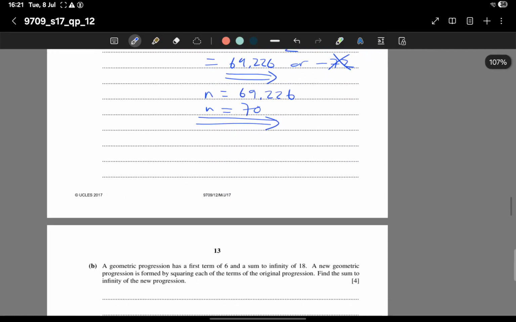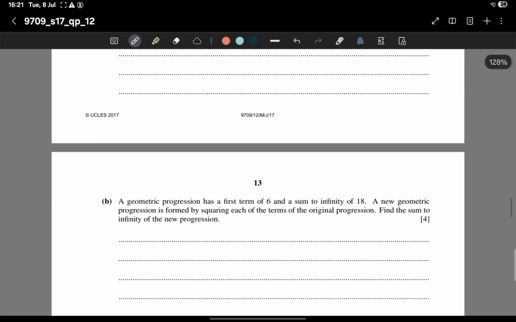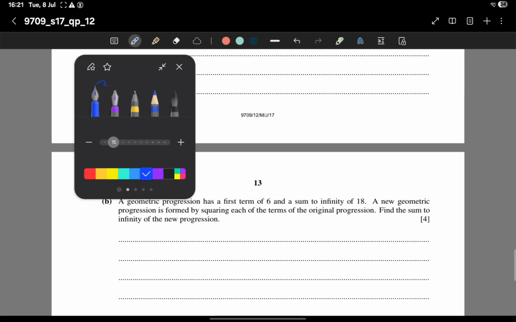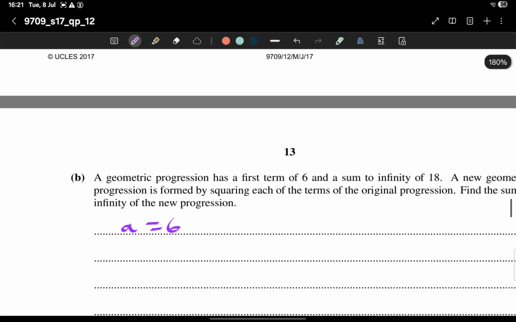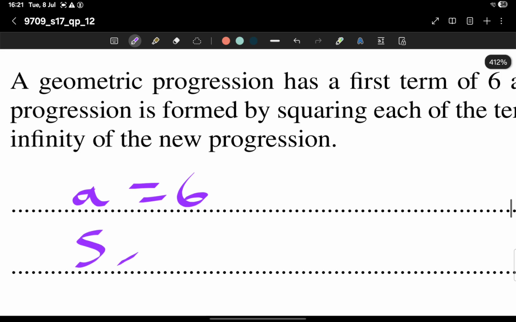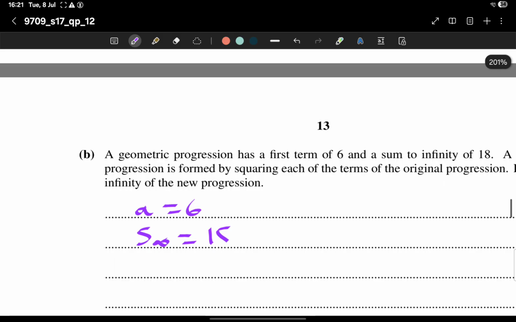Moving on to part B, it says a geometric progression has a first term of 6 and a sum to infinity of 18.